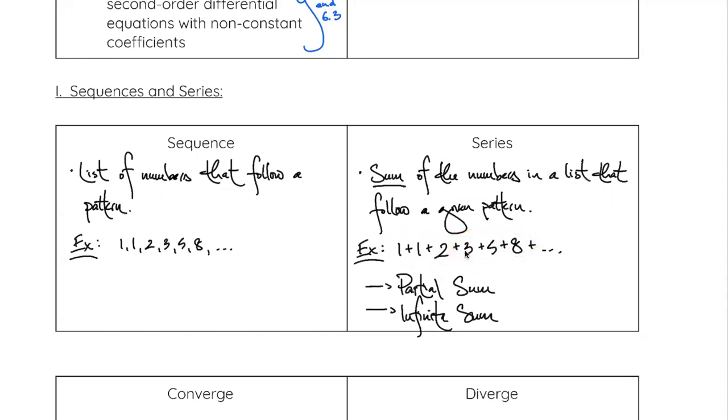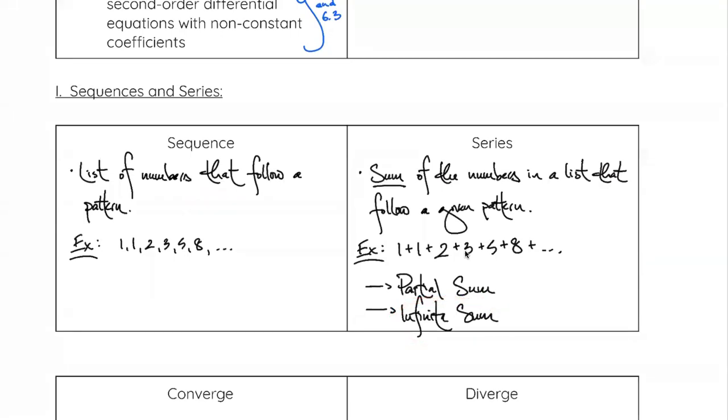We can add certain clusters of these numbers together and get a partial sum. The infinite sum is like if I took all of the numbers in the entire sequence, from the first term to the second term, third term, all the way to the very last term in this series, and added them all together. If I could get a number, that would be considered an infinite sum.